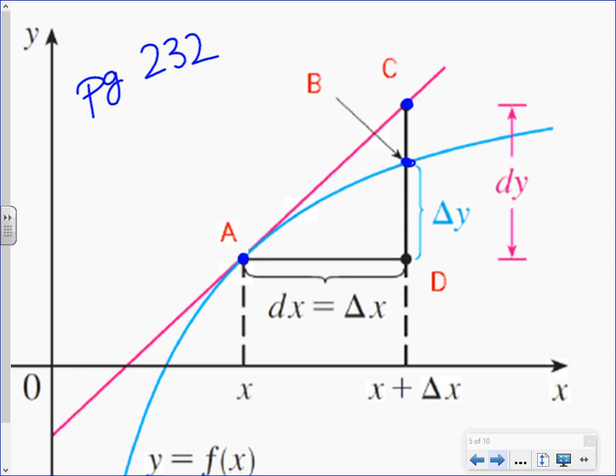So Eric, we're actually going to say change in y over change in x for delta y and delta x. And in this case, they are not the same. Delta x and dx are always going to be the same. But as you see in my picture, dy and change in y, those are two different values. So, how, using this picture, can we calculate delta y? How do we know what that length is right there?